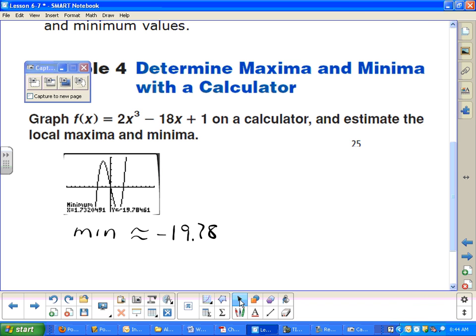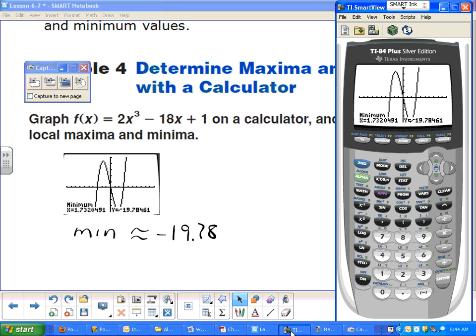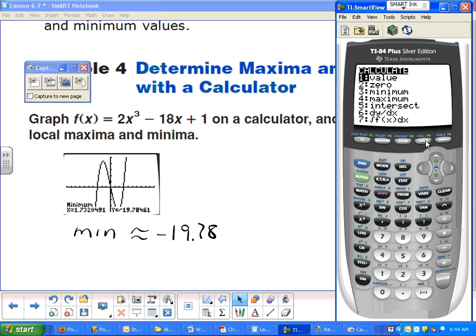Okay. So then we find the maximum. We go to calculate, or second trace again, number 4 for maximum. We want to be to the left of that max, which looks like negative 3 would put me to the left of it. And then I could use 0 again for the right of it. Since it's between them, I can hit enter.